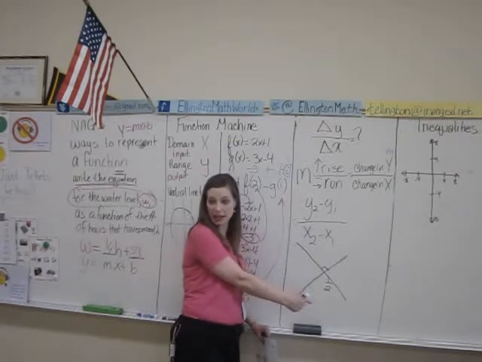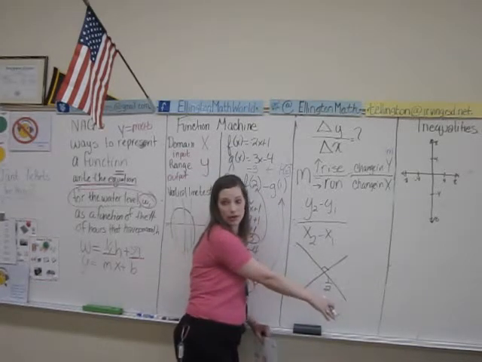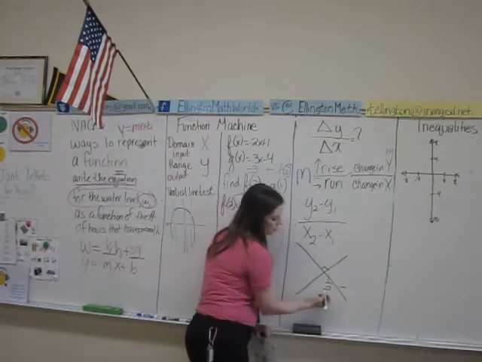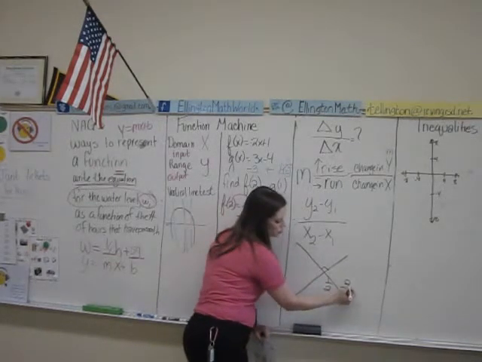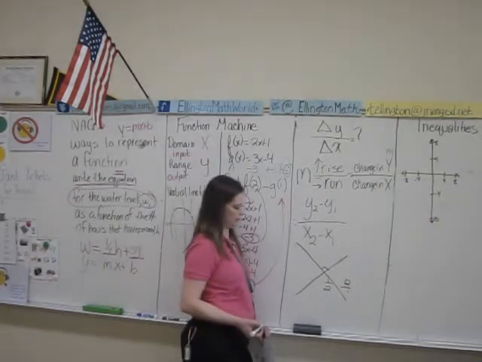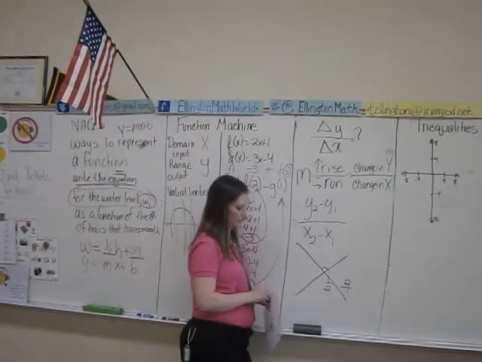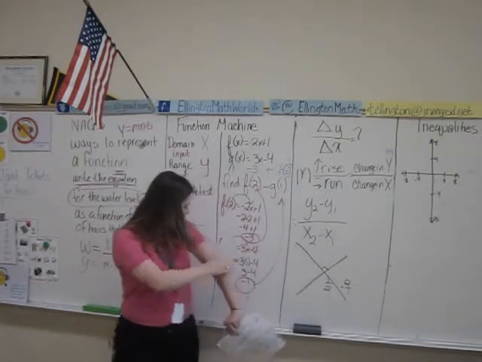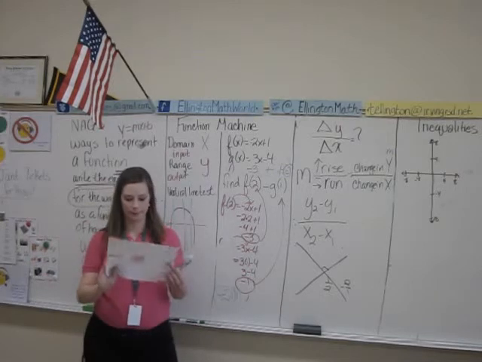I can tell by looking at it. It goes down the slope mountain, right? So it's going to be negative, and it's perpendicular, so it's actually 2/1 now. Okay? So that's how you do that. Make that look like a negative. There we go. Ooh, I'm getting marker on my arm.